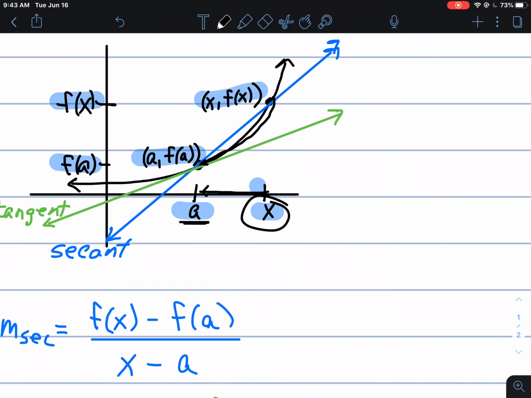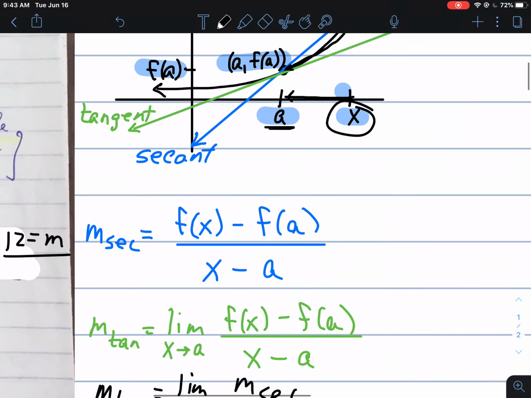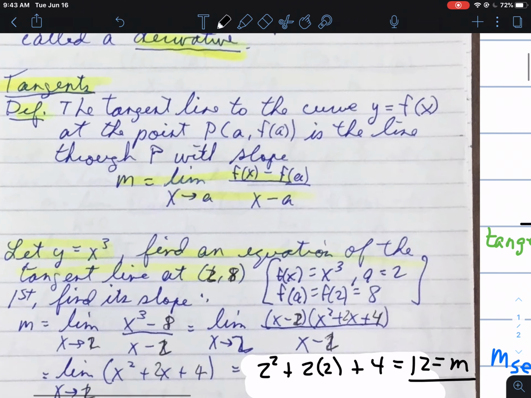So if I look at the limit of the slope of the secant line as x approaches a, so the limit as x approaches a of f of x minus f of a over x minus a. So in other words, the slope of the tan line, maybe write it this way, is equal to the limit as x approaches a of the slope of the secant line. But again, this is nothing more than what we did back in the beginning, section 2.1, and we talked about the idea of a limit.